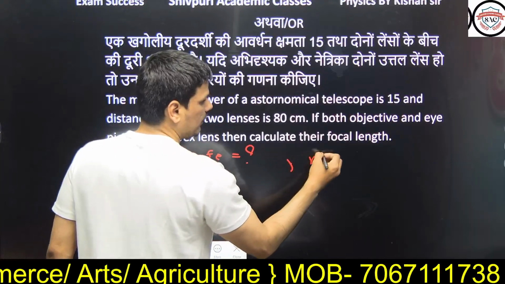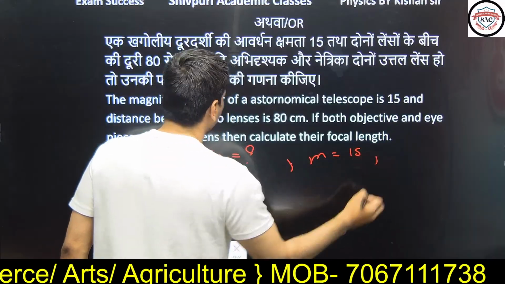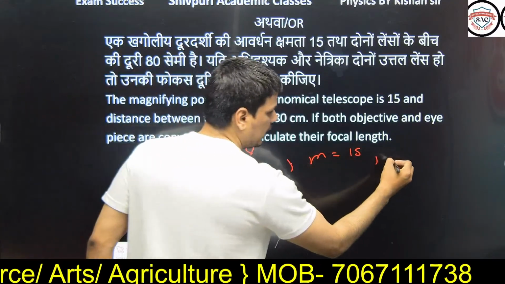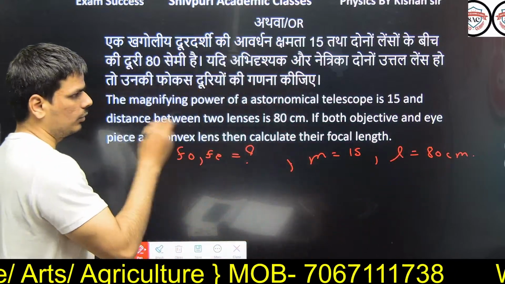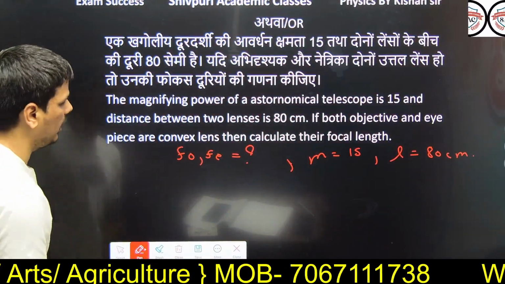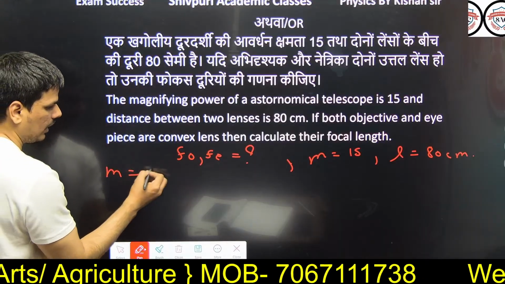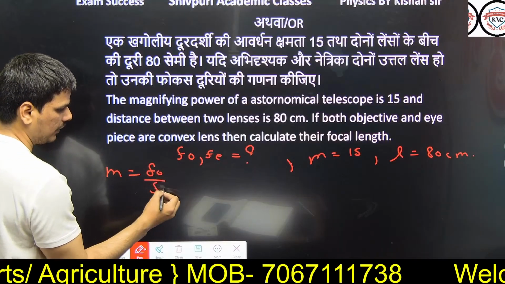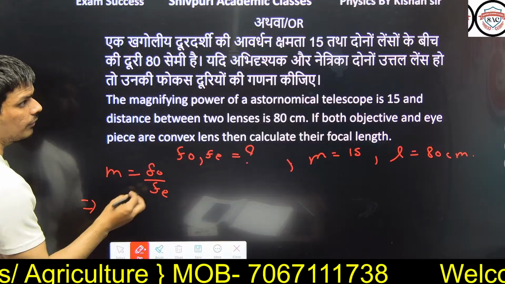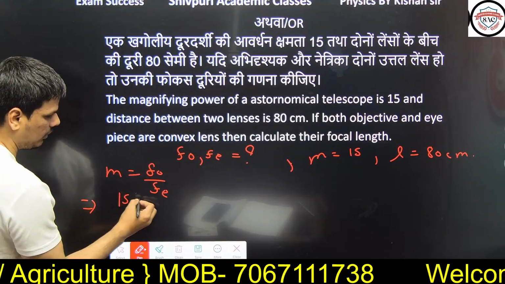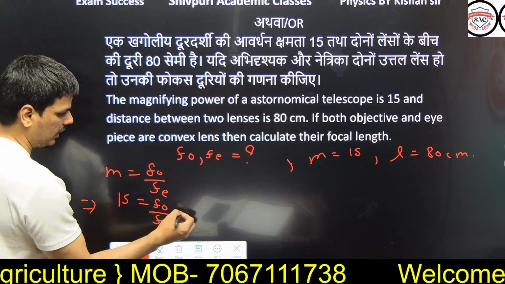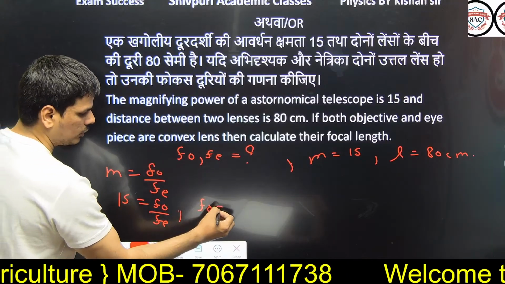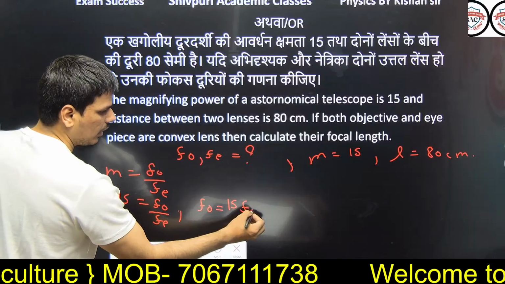Given magnification equals 15 and the separation between them L equals 80 centimeter. For the astronomical telescope, magnification is FO upon FE. So 15 equals FO upon FE, and we get the relation FO equals 15 FE.